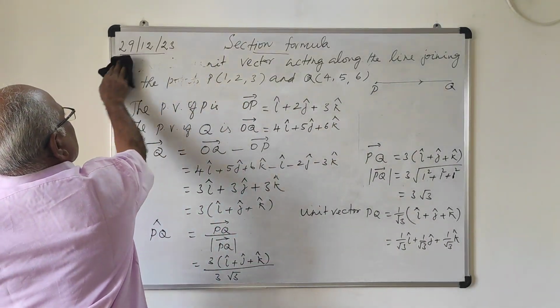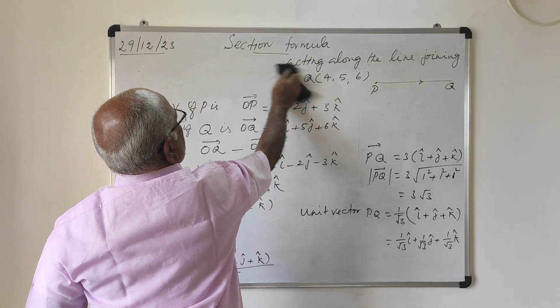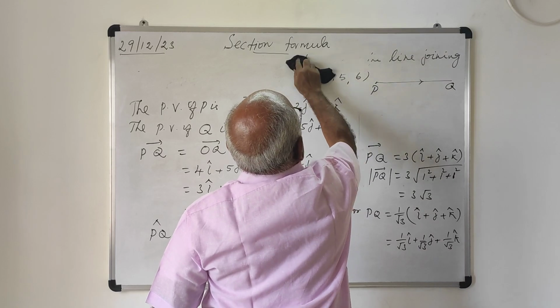Next, the unit vector acting on the line joining P and Q is this. And next, one more problem.